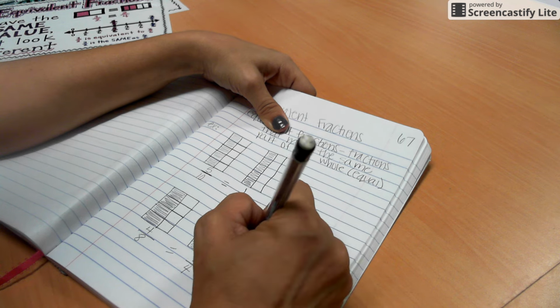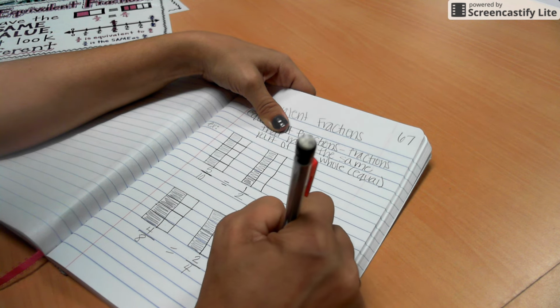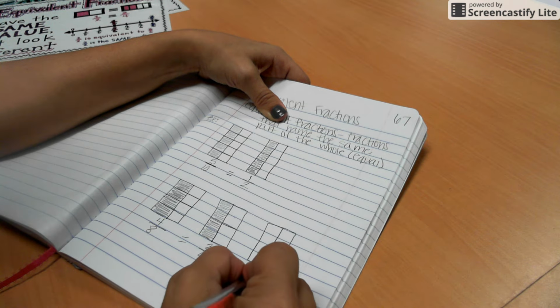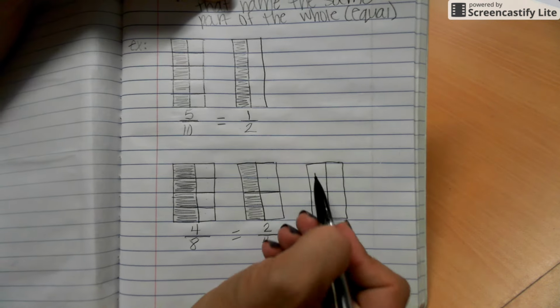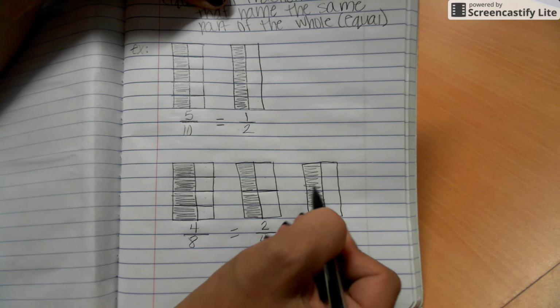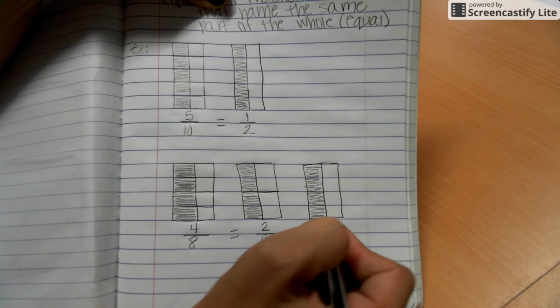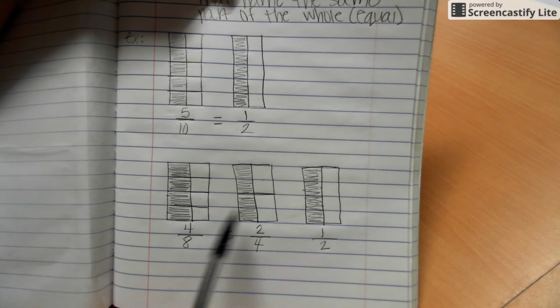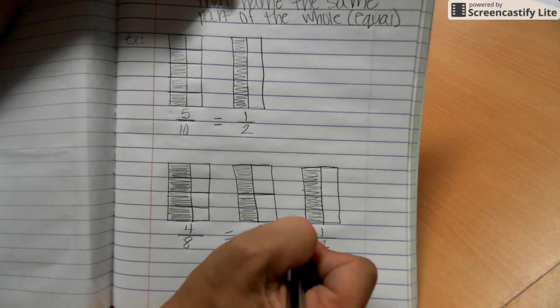But if I go even one step further, and this time I divide it into 2 pieces and shade one side, then I have 1 out of 2. Do I have the same amount shaded as these two? I do.